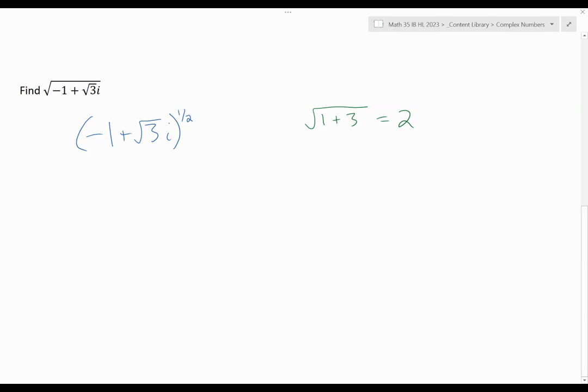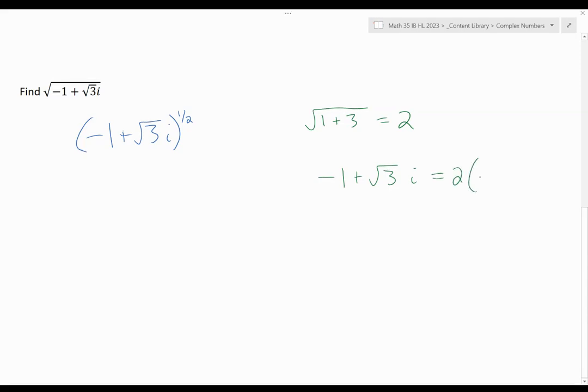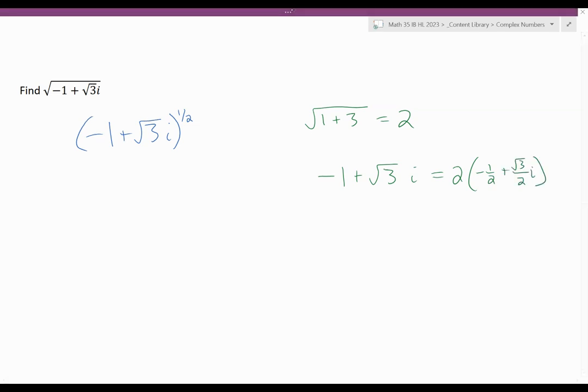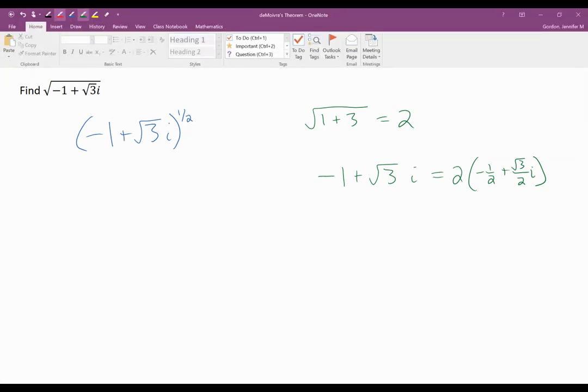And then if I want the argument, what I'm going to do is factor out that 2. So I'm considering negative 1 plus root 3 i, but I want to actually factor out that 2. So that's 2 times negative 1/2 plus root 3 over 2 i. Because now what I'm seeing is the cos theta and sine theta.